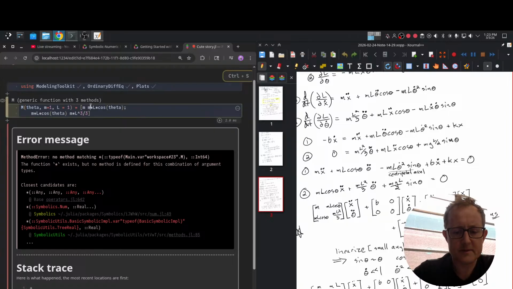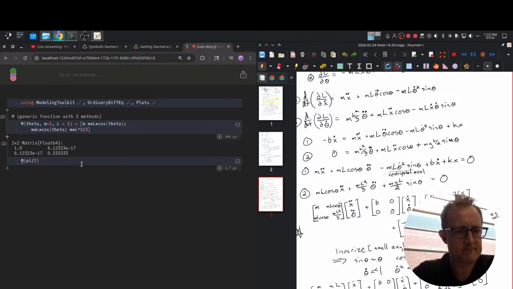Oh, whoops, I need lowercase m's. Alright, so when I have 90 degrees, cosine of 90 is 0, and I end up with 1 for 1 kilogram, and then mL cubed over 3, mL squared, is then 1 times 1 over 3, 1/3. Cool.